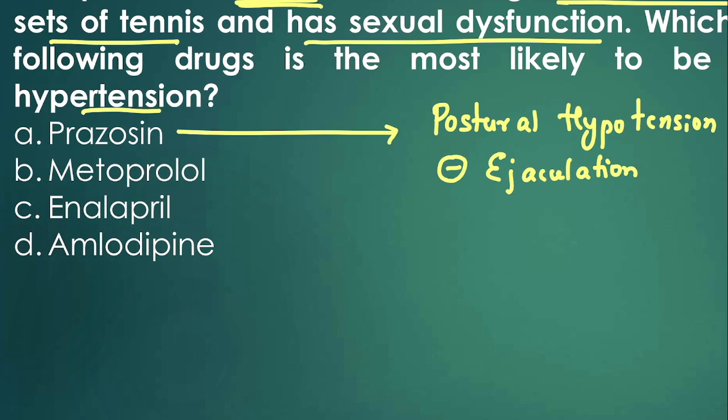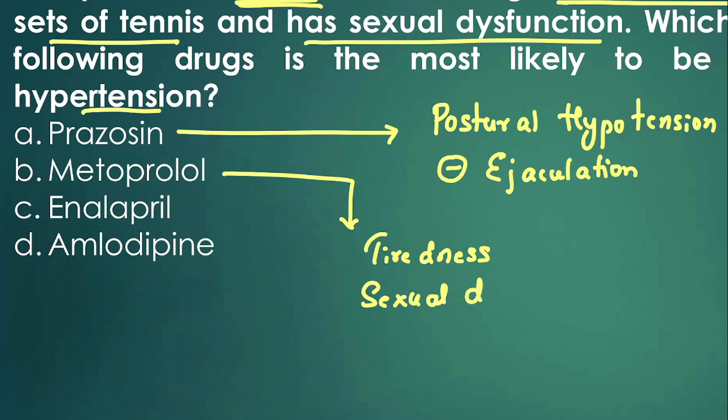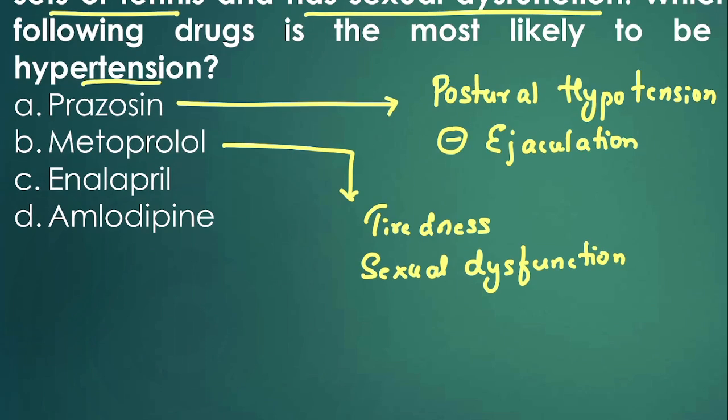Let me see. Metoprolol is a beta blocker. Even beta blockers can cause tiredness, and they can also produce sexual dysfunction. So the patient may develop tiredness, easy fatigability, sexual dysfunction.